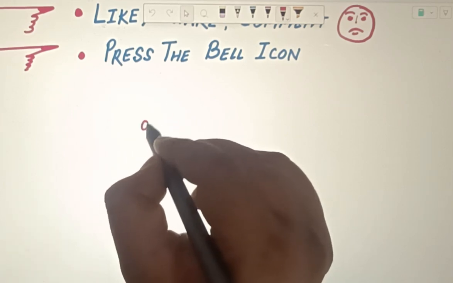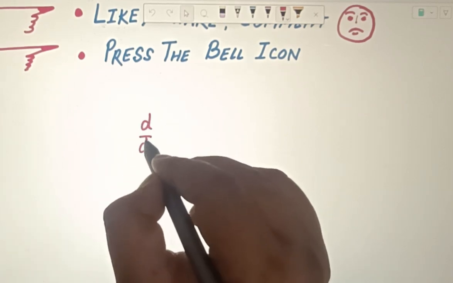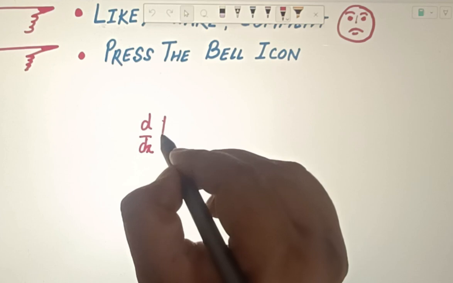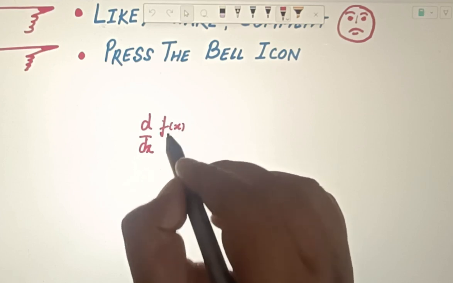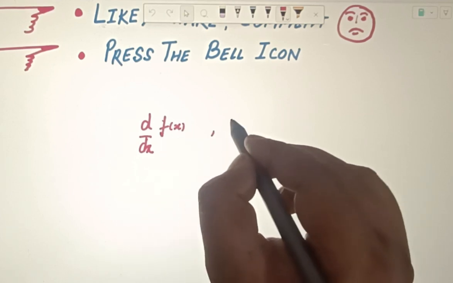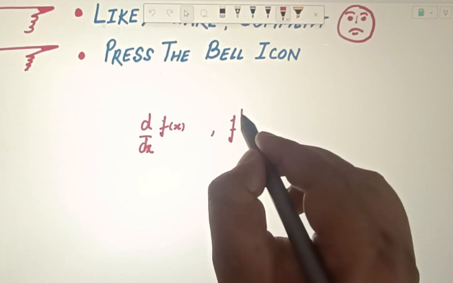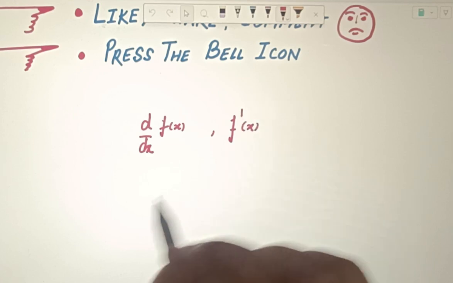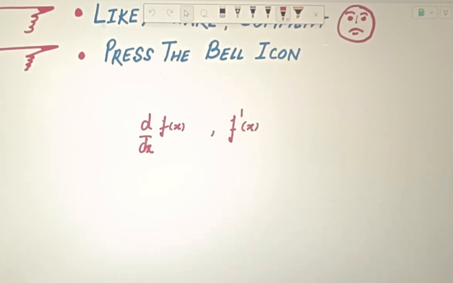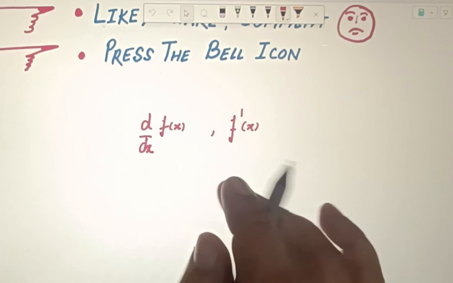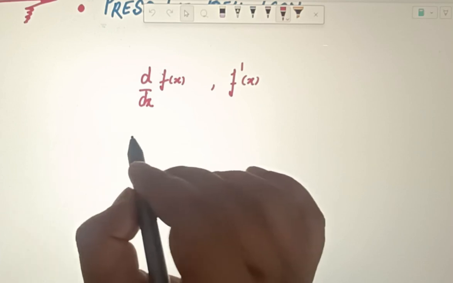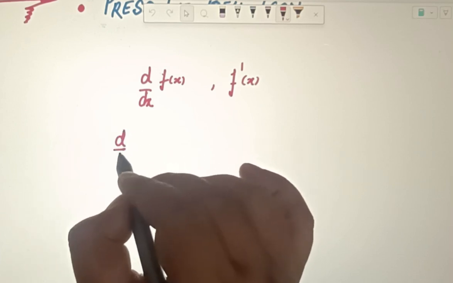Sometimes we use the symbol d by dx corresponding to any function f of x, and we write it also as f dash. These are very popular symbols. So come on, what is the formula? The formula is very simple.